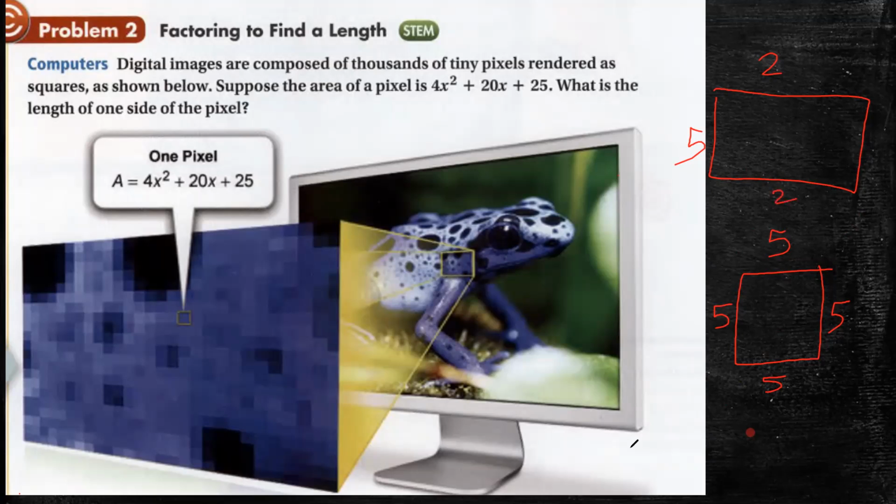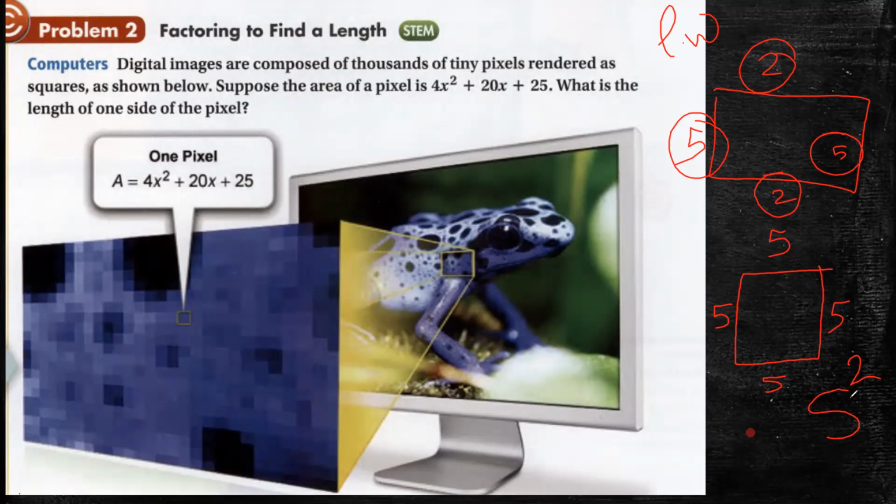The rectangle has any two opposite sides congruent, but here all the sides are congruent. To find the area of the rectangle, we say the length times the width. To find the area of the square, we square any side. It's so easy. Take any number, square it, say 5 times 5, and the answer is the area of the square.